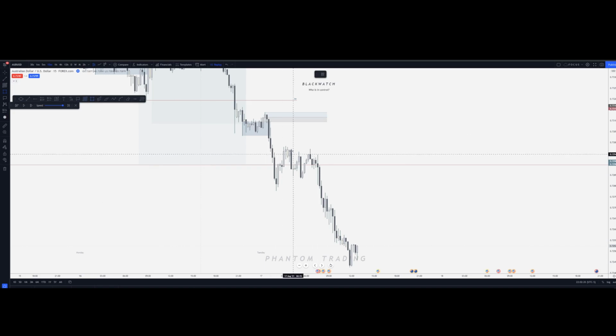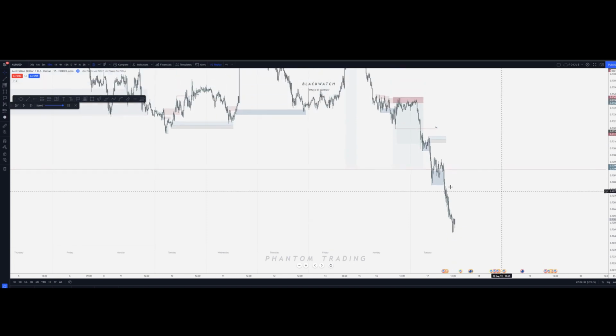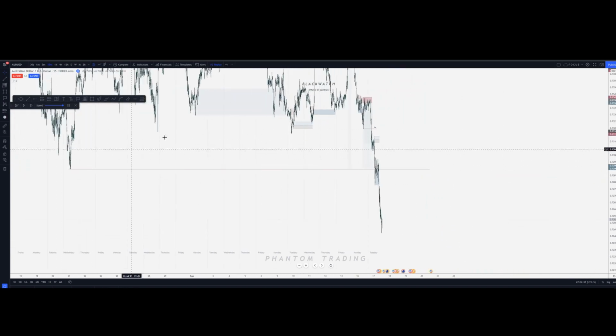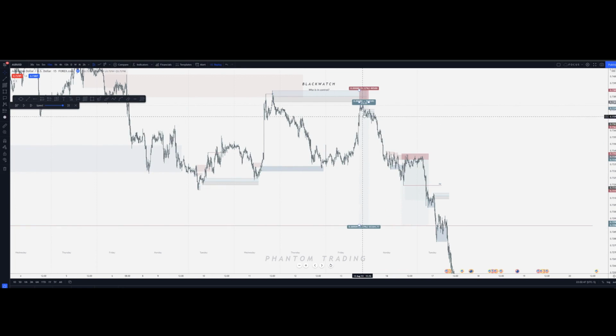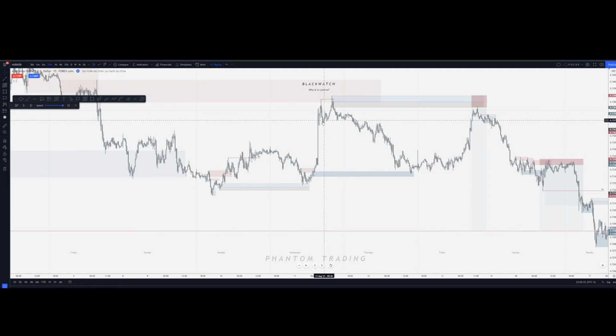Here. This is basically the whole demand reaction right here. Now, one thing you'll notice is that I don't really pull the demand zones from previous legs. I'm aware that they're there from an internal range liquidity aspect, but once we start pulling away from the apex, the top of these ranges, I'll look at the demand from close by.